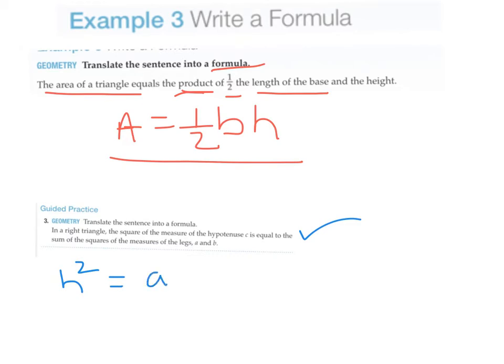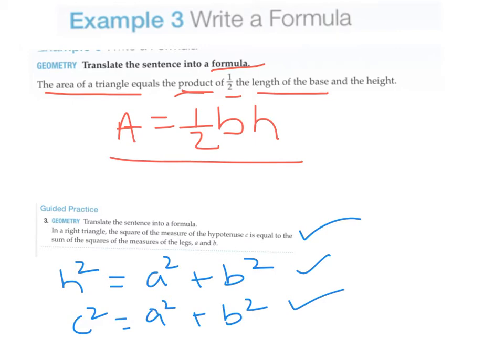So a squared plus b squared. And we're familiar with this one as c squared, c standing for hypotenuse. So these two are exactly the same formula and same equation. I just used h for hypotenuse because it was written right there. But this is the one that we've used for that formula.